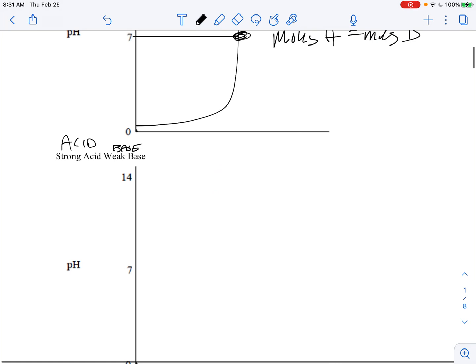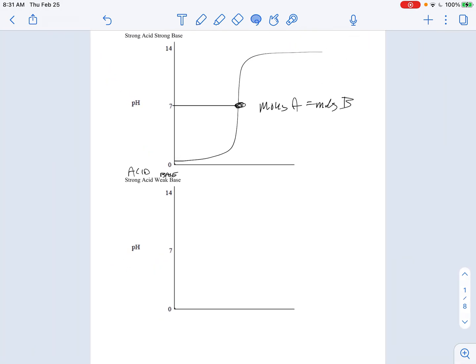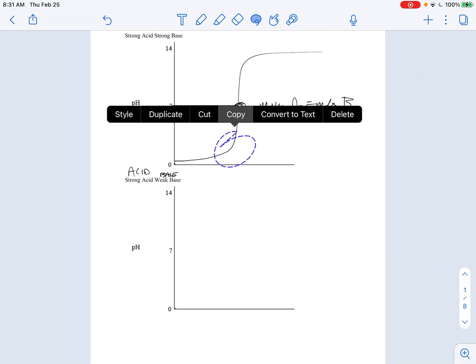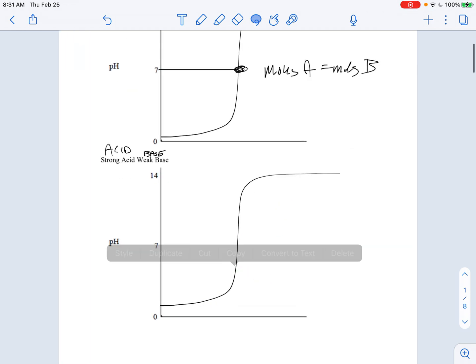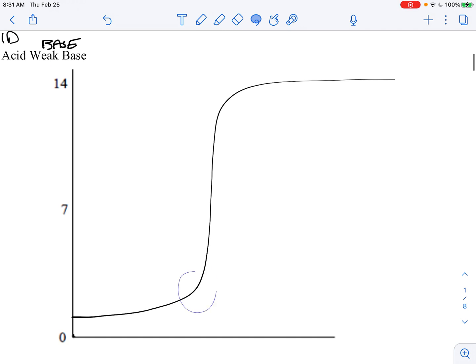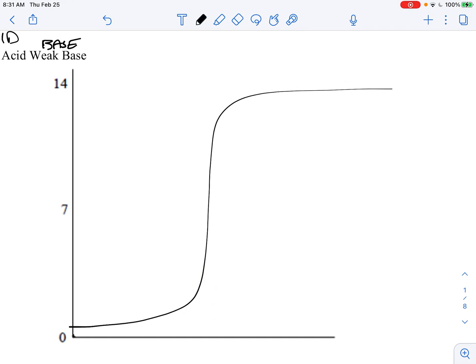So if we were to look at a typical titration curve here, where your pH value is right at 7, and again, that is a typical strong acid, strong base situation, what's going to happen is that the acid is going to win.